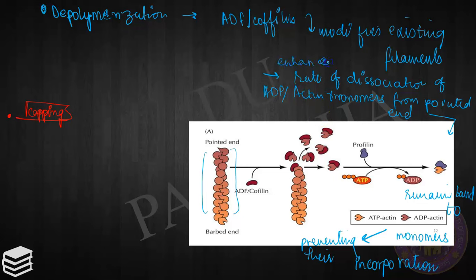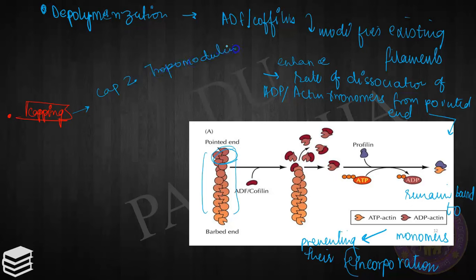The rate of dissociation of the ADP actin, ये होता है ADP actin monomers from the pointed end, and they remain bound to the monomers that prevents their reincorporation. ये एक तरीके से cut कर देते हैं filaments को into shorter pieces और promote करते हैं depolymerization from the pointed end. Then capping is done by CapZ and tropomodulin.